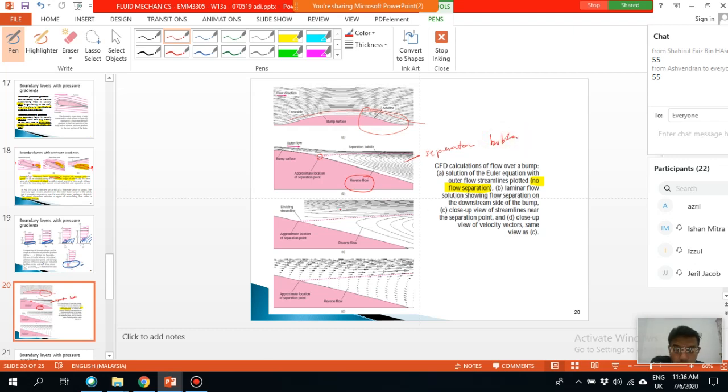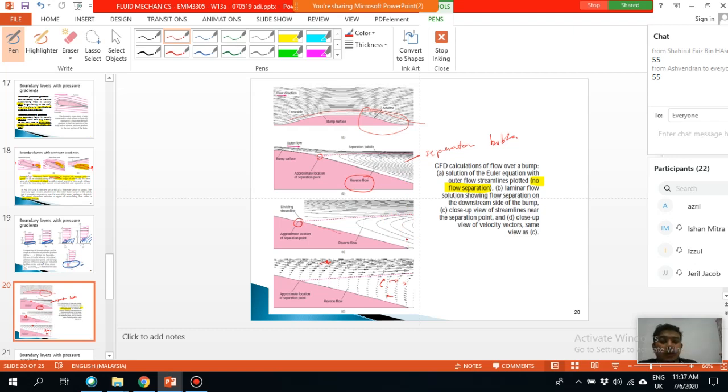Okay, C is a close up, zoomed in, of the streamlines near the separation point. There is a point here approximately, and also the reverse flow. In terms of vectors, you can see the arrows: elsewhere they go straightforward, but here the arrows start to recirculate.